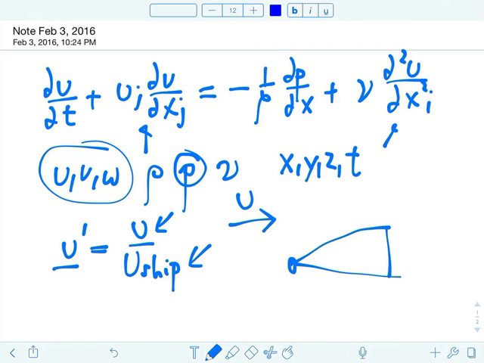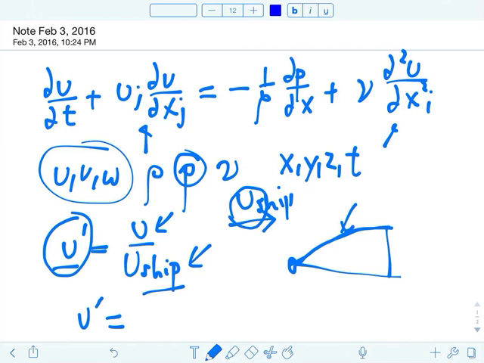Out here it will be equal to u ship. And maybe on the edges of the ship where it accelerates around, you might see something like 20% higher than u ship. But this is a good characteristic velocity, which basically means these velocity fluctuations are order 1. U primed is order 1 because it gets to maybe 1.2. It ranges from about 0 to 1.2, or we might say negative 1.2 to 1.2, the range of u prime.